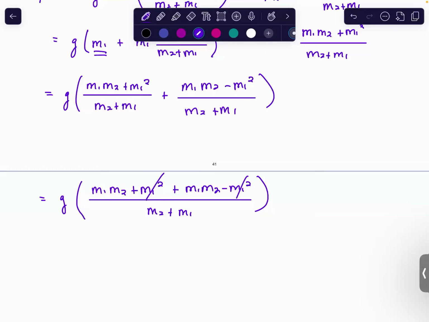And m1 squared goes away. And my tension ends up being gravity times the remaining terms. So that's what the solution for tension is.